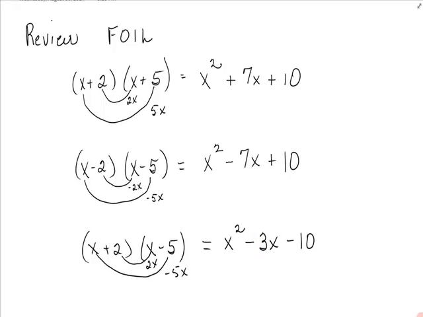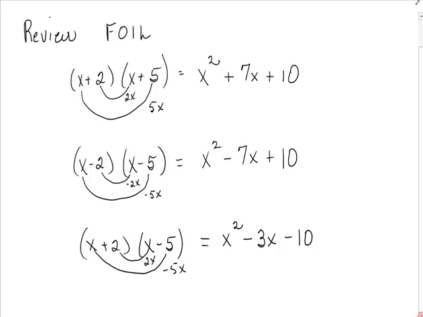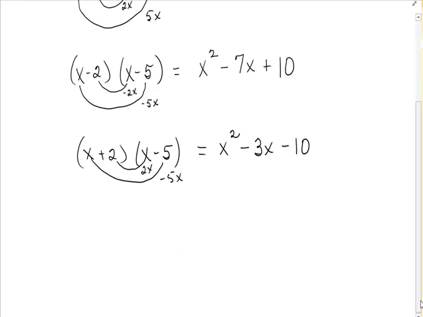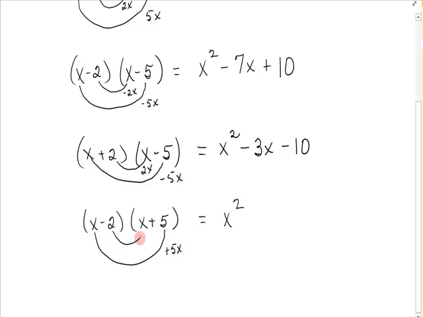Okay? Let's look at, well, if I can get to it, one more example. There we go. What if I had x minus 2 times x plus 5? The product of the first is x squared. The outer product is positive 5x. The inner product is negative 2x.